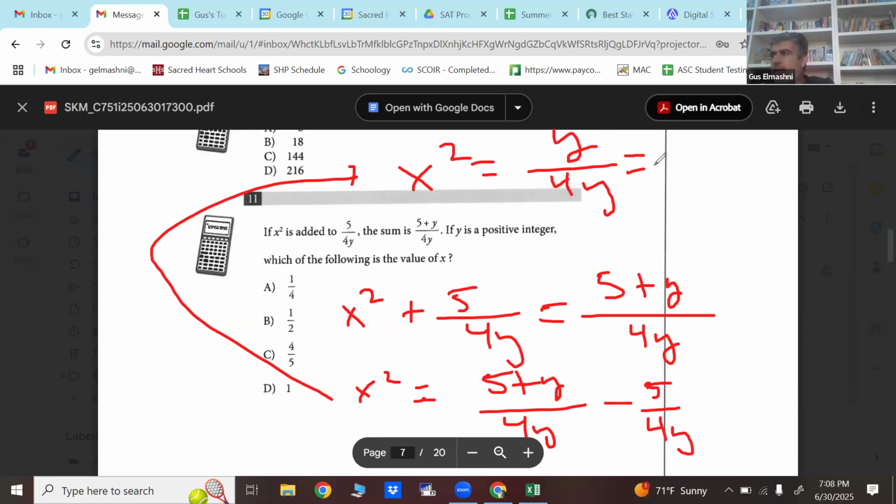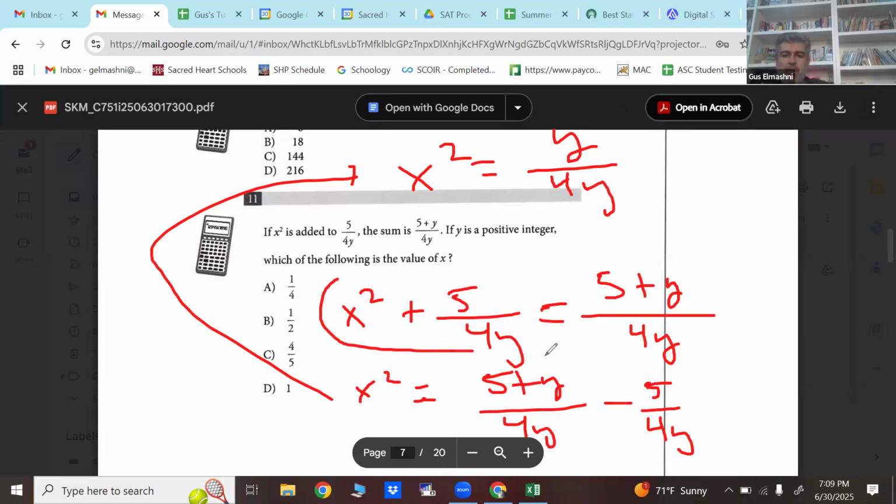Just like if you had 4/5 plus 3/5 is 7/5, right? Same thing. This is just y over 5. Okay. So what happens to the y's now? If you have y over 4y, they're one. These cancel, it becomes 1/4. Yeah, because the y's cancel.